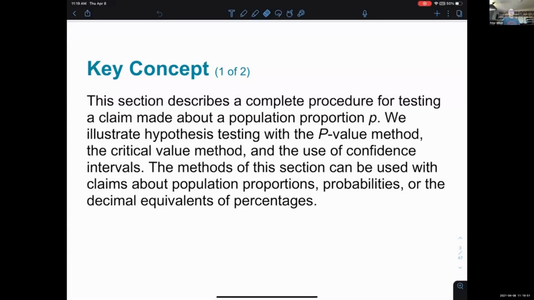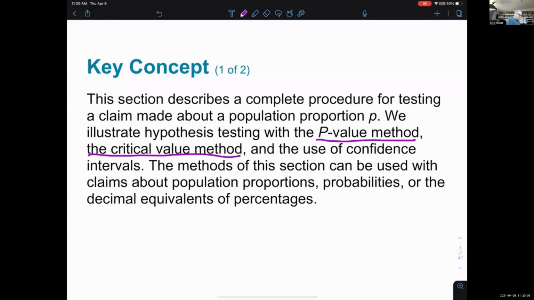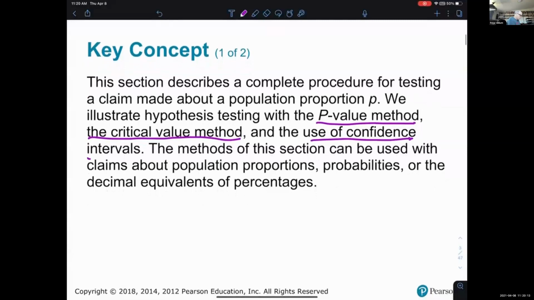The methods of this section can be used with claims about population proportions, probabilities, or the decimal equivalents of percentages. Okay, so let me focus on this idea for a second. They're specifically referring to using the P-value method, the critical value method, and the use of confidence intervals in order to test the hypothesis.